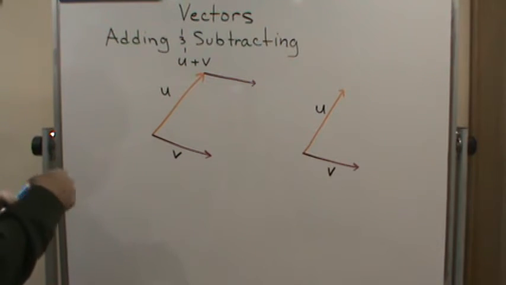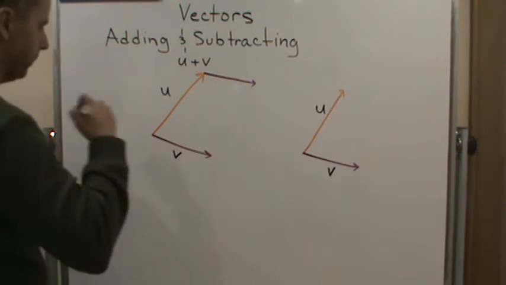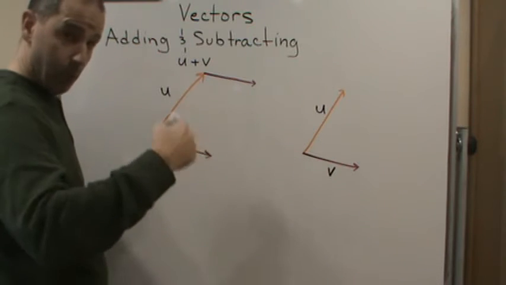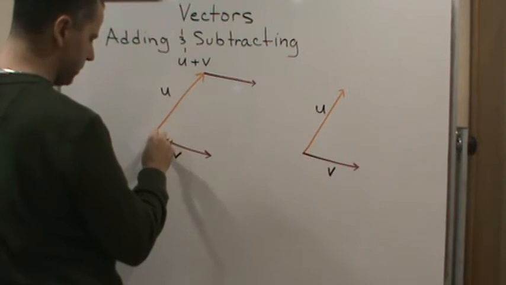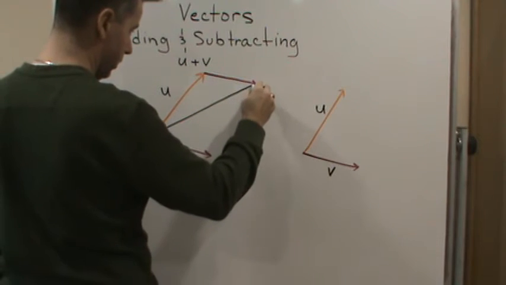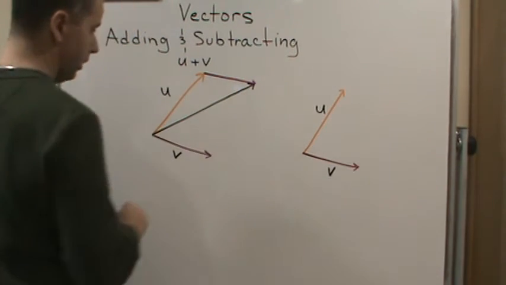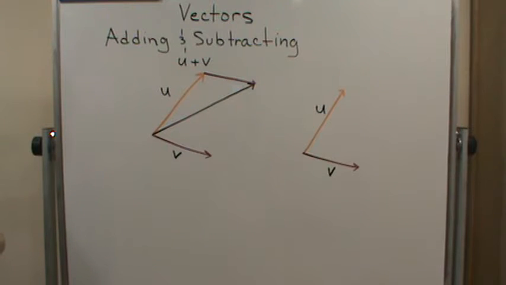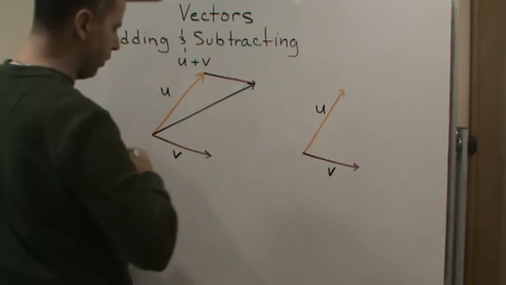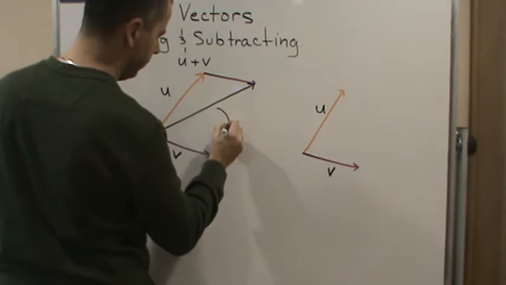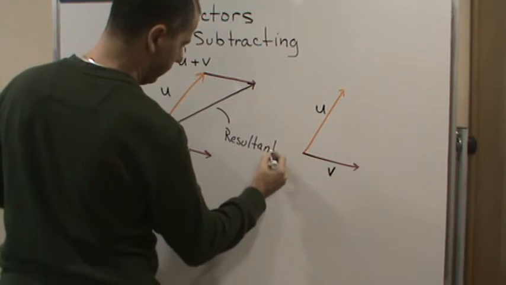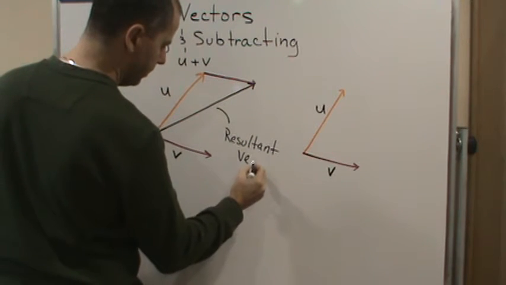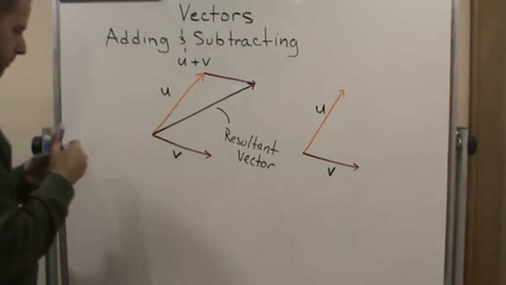And so the resultant vector would be the force of the summation of these two forces. So it would be from the tail of the first vector to the head of the last vector, or the second vector in this case. And so this is what we call the resultant vector.